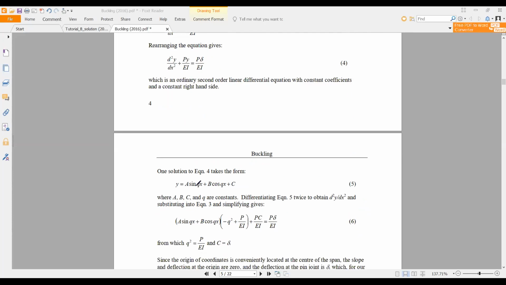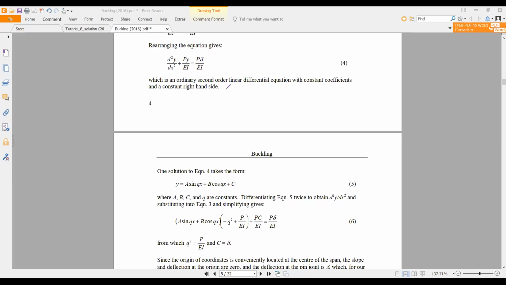What you need to do is differentiate this equation 2 times to get d squared y divided by dx squared, substitute here, with p times the function, divide by EI and this part, and simplify until this point. Don't worry about that too much.